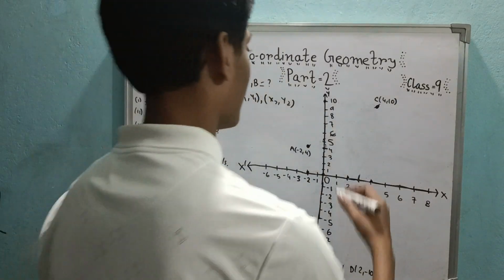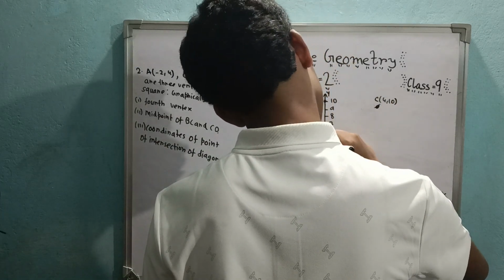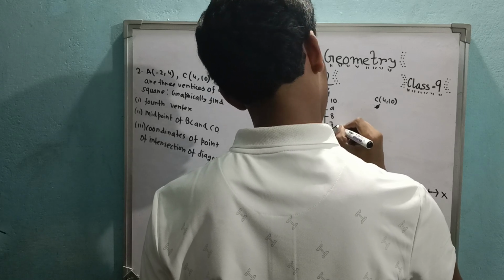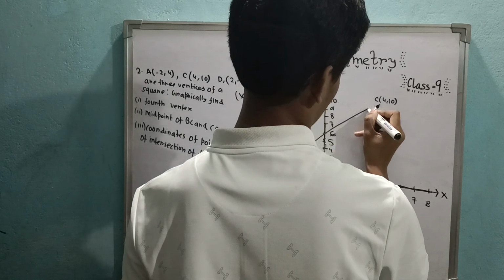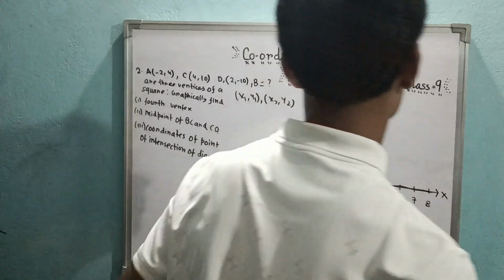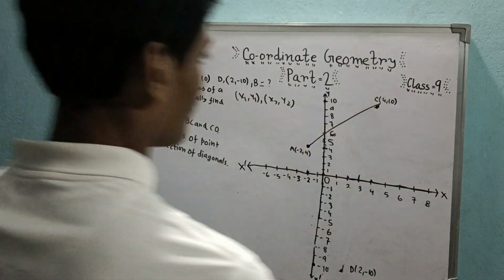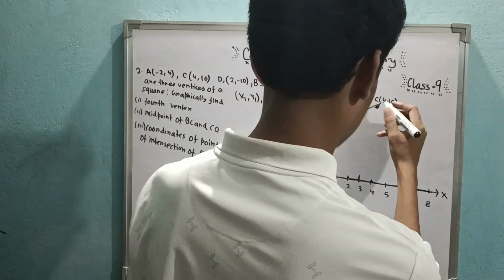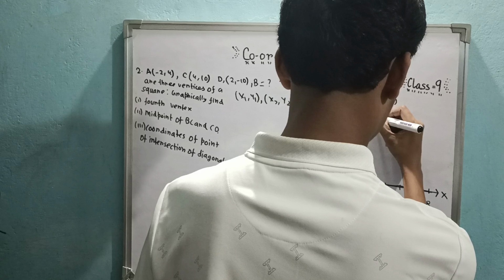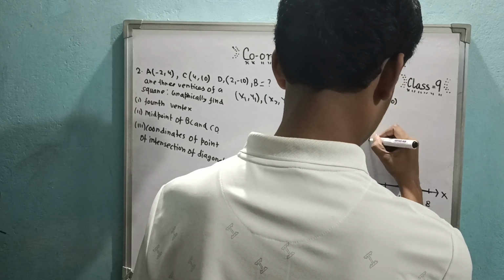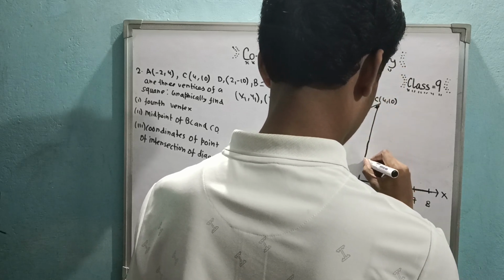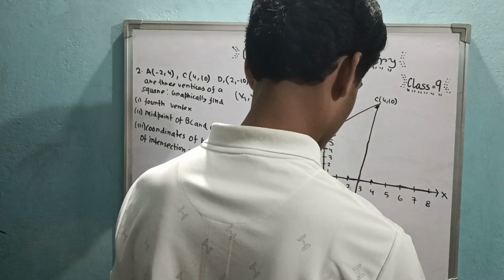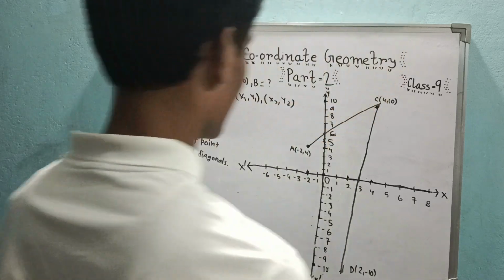Let's join A and C. Okay. Now join C and D. Somewhat of a straight line came out.